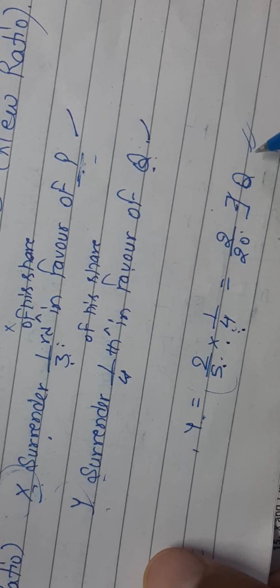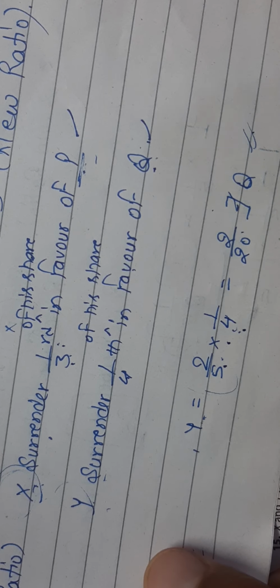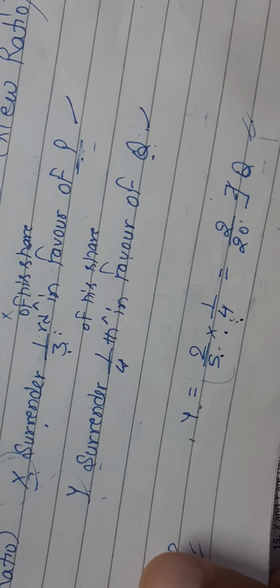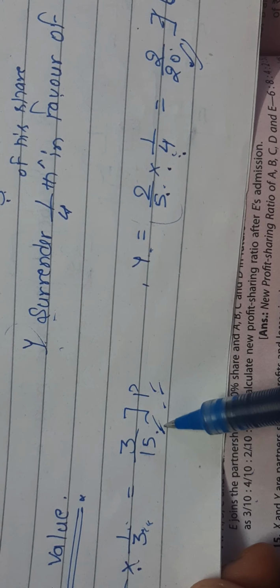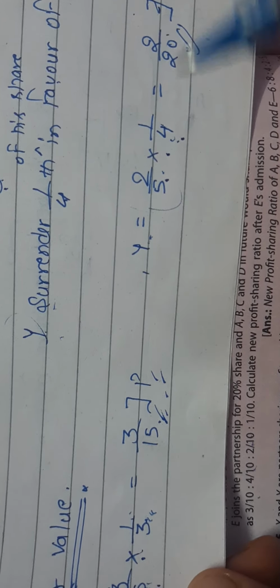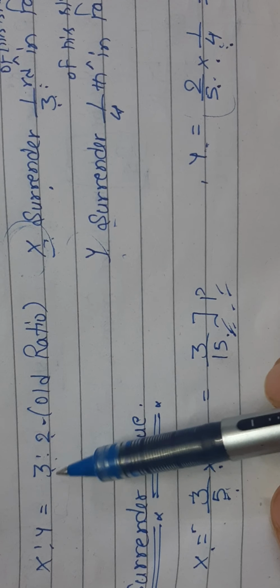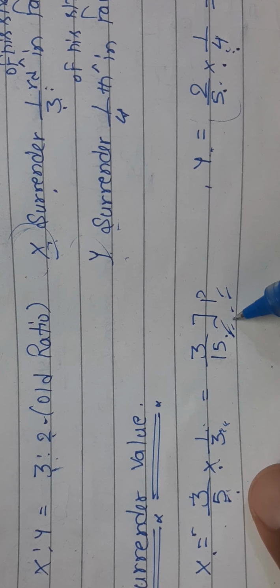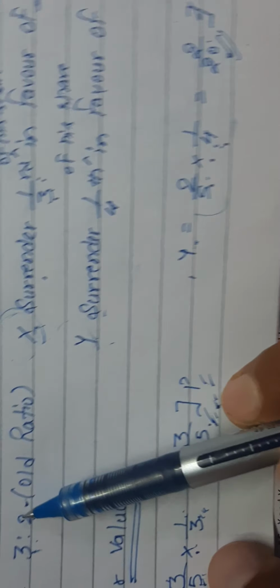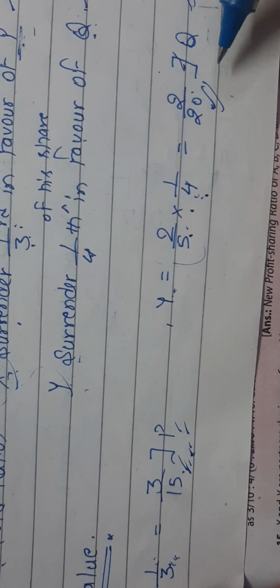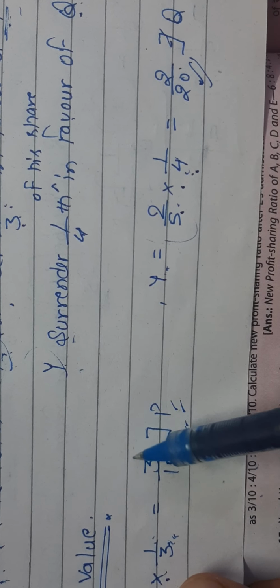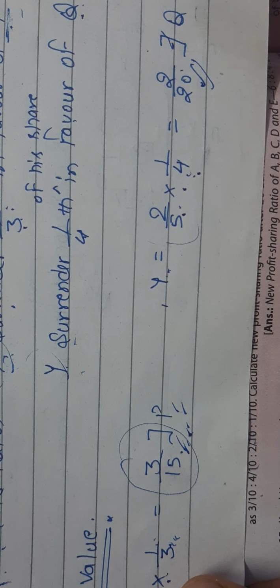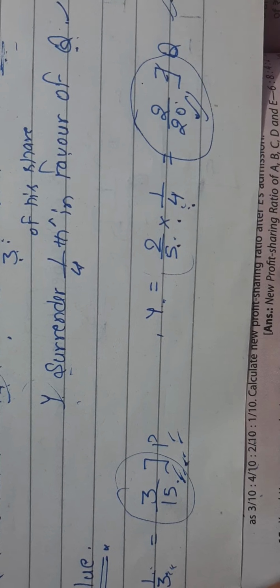So Y gives 2/20 part of his share to Q. Means X gives 3/15 from his share. So now you just have to deduct it. 3/5 minus 3/15 will be the new share of X. 2/5 minus 2/20 will be the new share of Y. And what is the share of P? It is 3/15. What is the share of Q? It is 2/20.